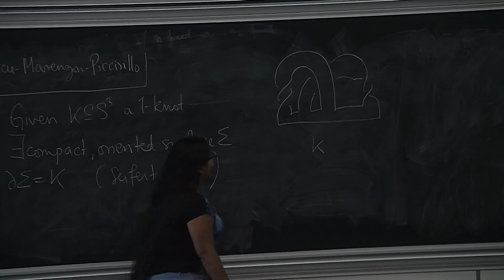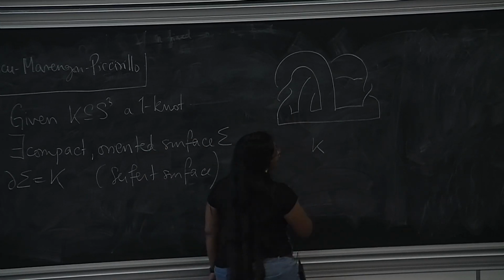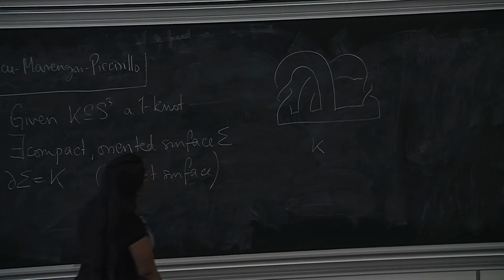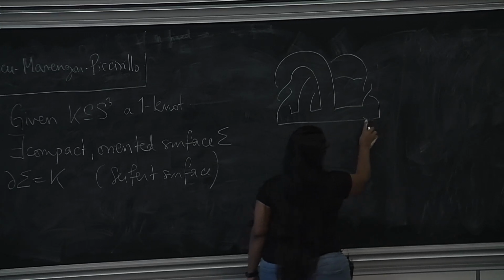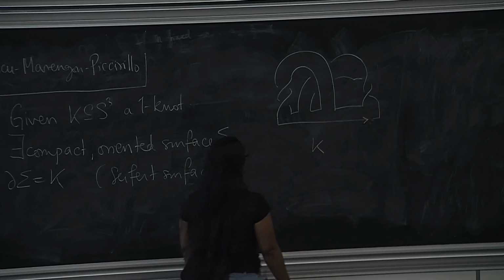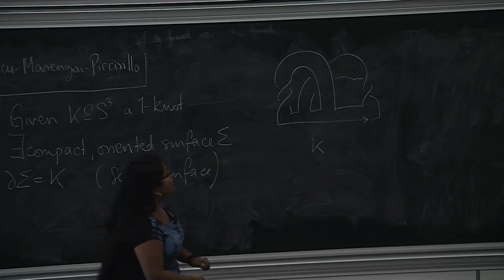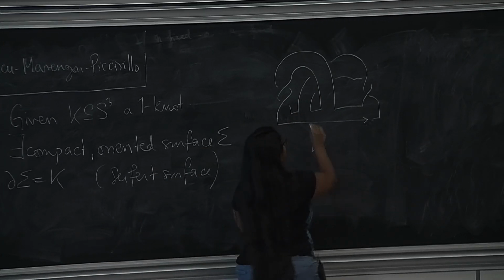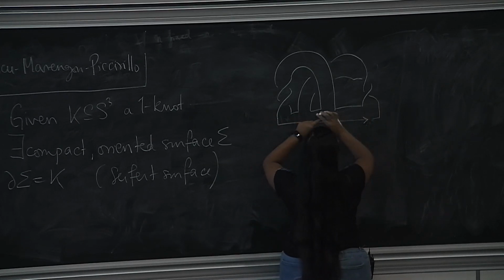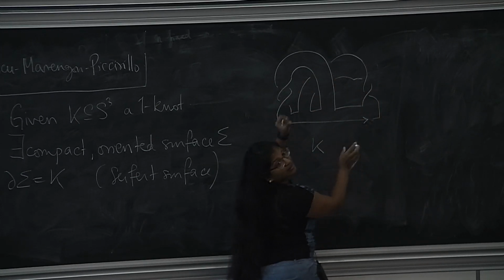Here's some knot. This is a left-handed trefoil. Let's put an arrow on it because knots are oriented. It's the boundary of a surface. You can see it, right? It's this flat thing that I've drawn. There's this square, and then there are two bands. They're twisted.